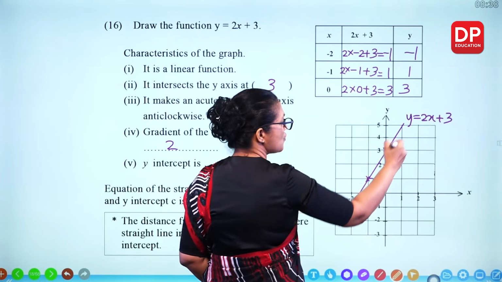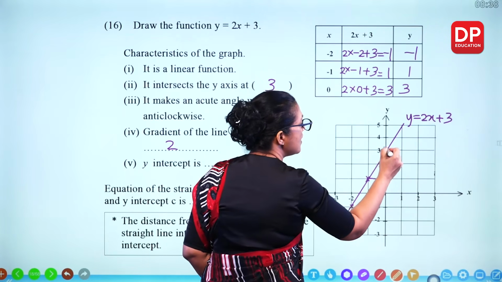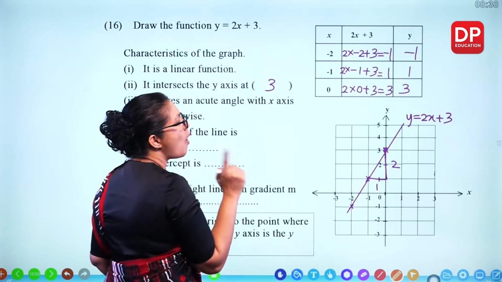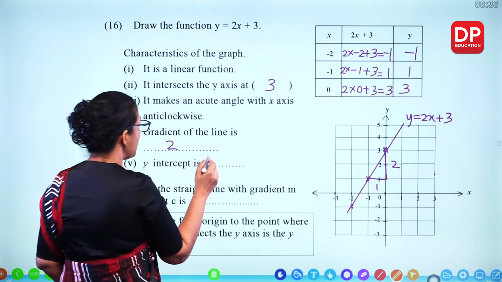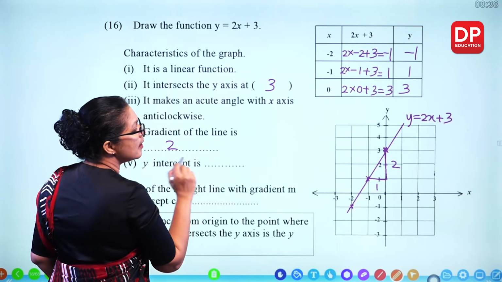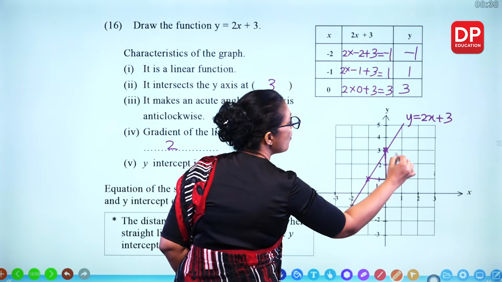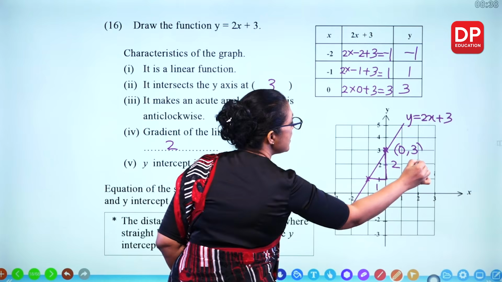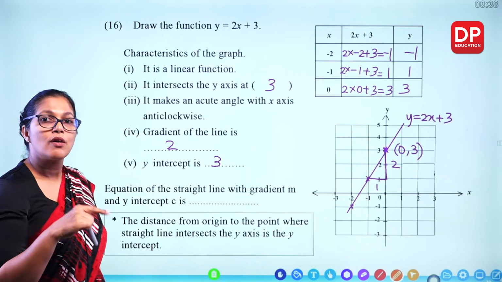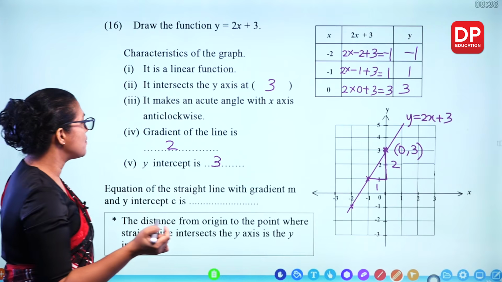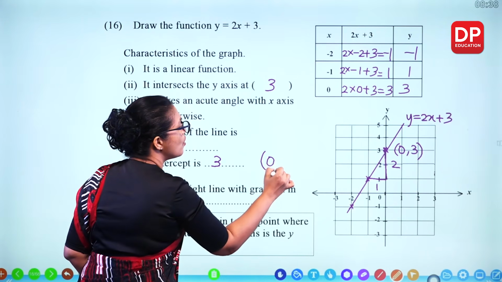So here this is the straight line, the y-axis is here, so this is the y-intercept. Y-intercept is the point 0, 3. The y-intercept actually is 3. If you are asked to write down the coordinates of the y-intercept, you can write 0, 3.